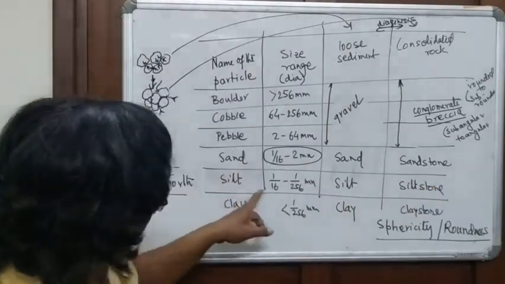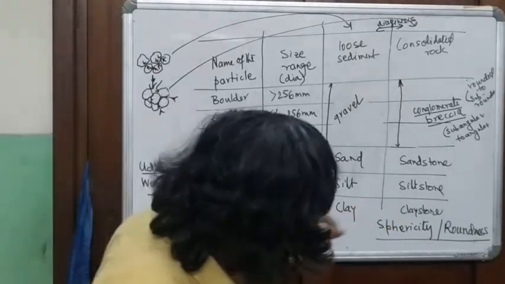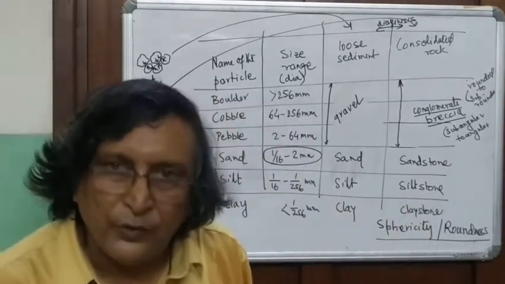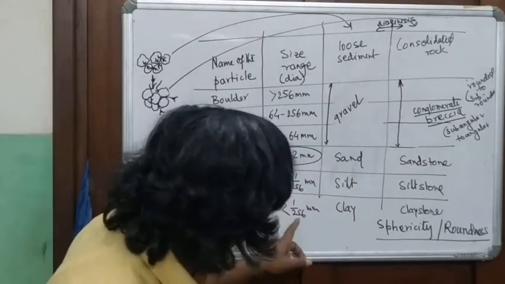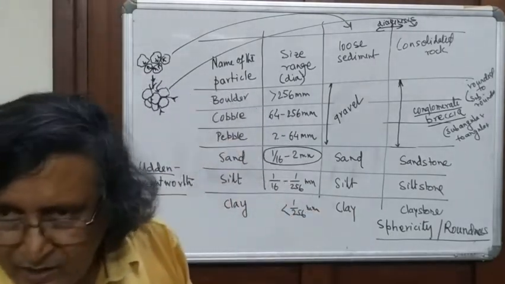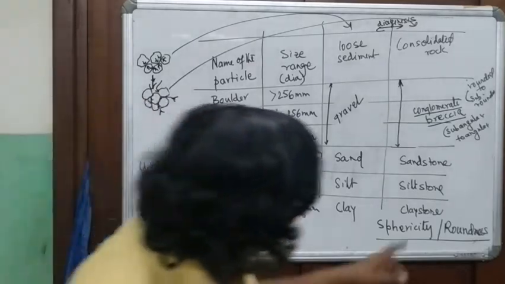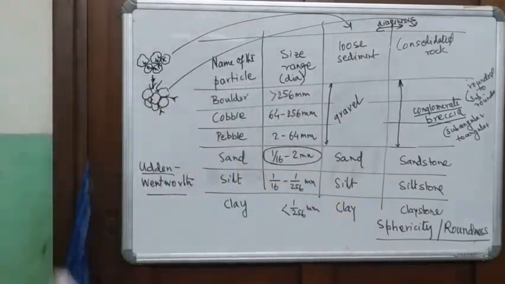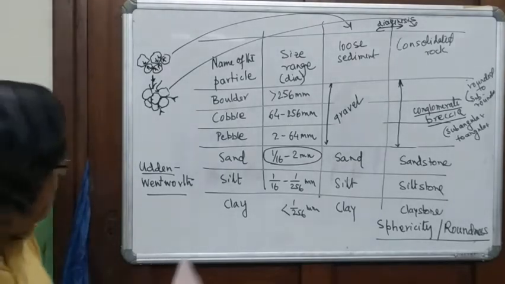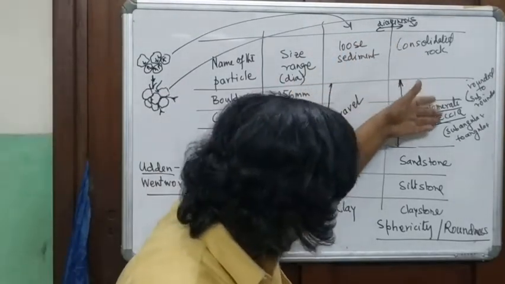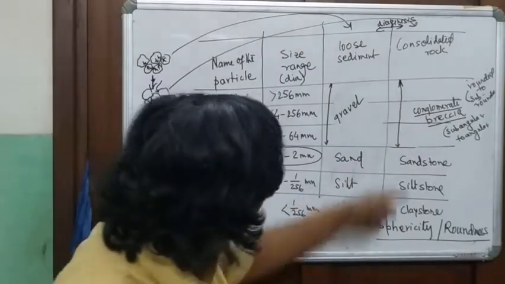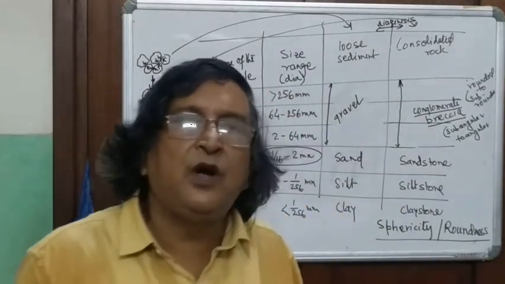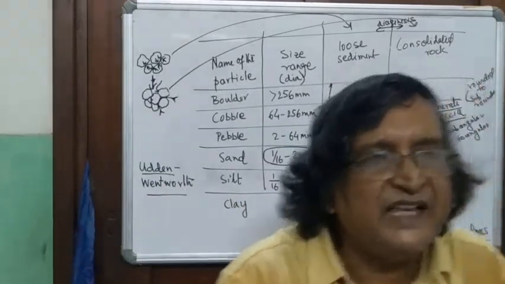When the diameter of the individual grains is between 1/16 and 1/256, you call it siltstone. And those lower than 1/256 millimeter are called claystone. So this is the definition that we will use. So conglomerate and breccia, depending upon the roundness, sandstone, siltstone and claystone are all the sedimentary rocks based on the size of the clast.